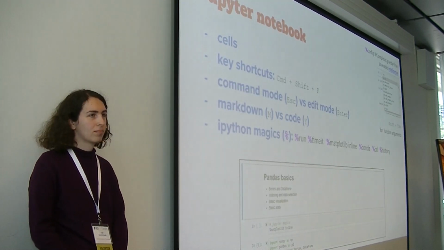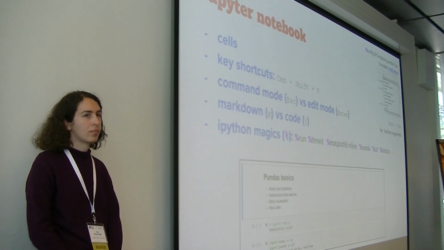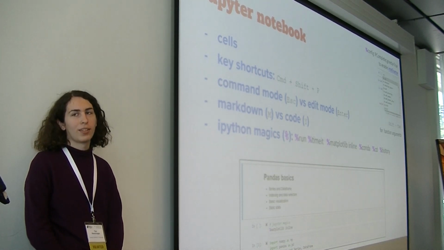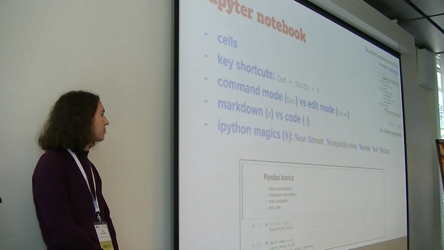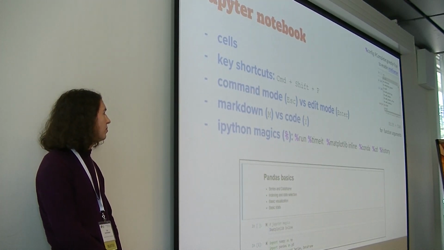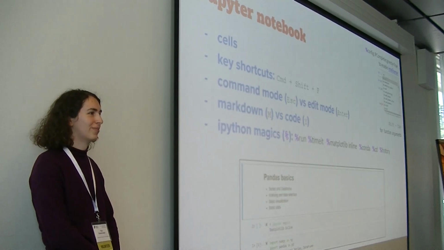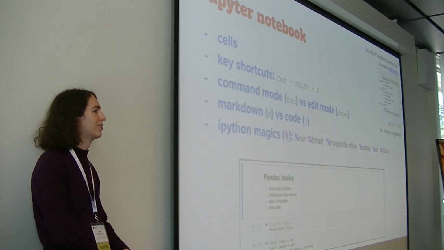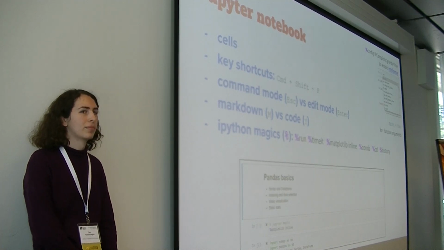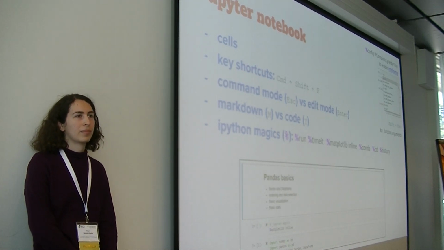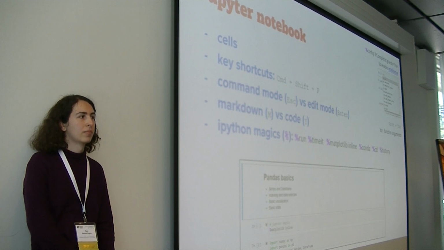A couple more things about the Jupyter Notebook. It's going to be relevant for Colab? Yes, still relevant. One of the ways to program in Python is by using Jupyter Notebooks. These are really cool interactive things that I really recommend using. This is one of the primary reasons why people move from things like MATLAB to things like Python.